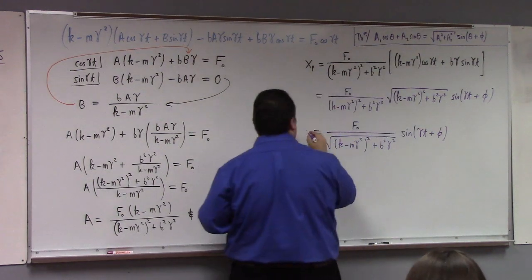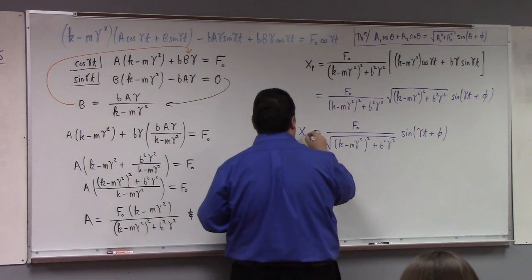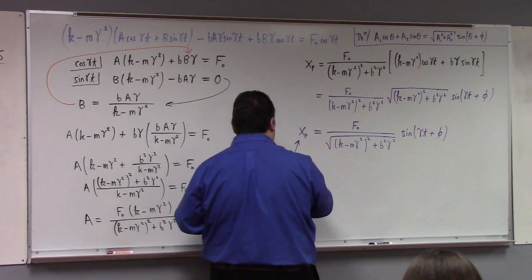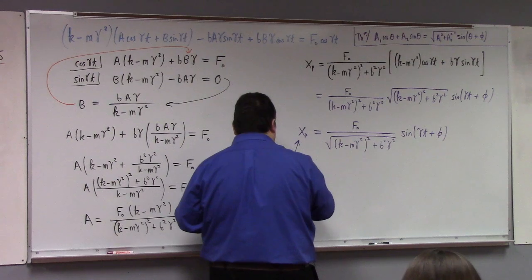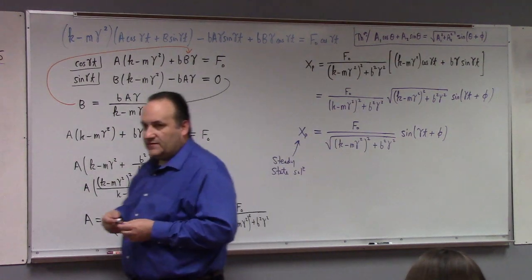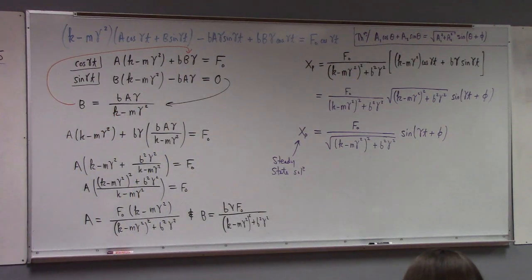So this is the steady state solution. This is the part of the solution to this problem which is not going to go to 0 as time goes to infinity, right? It's just going to keep oscillating back and forth, assuming Mr. Top Hat keeps pushing and pulling on the spring with friction, right?